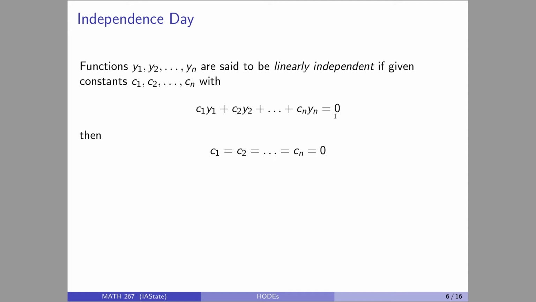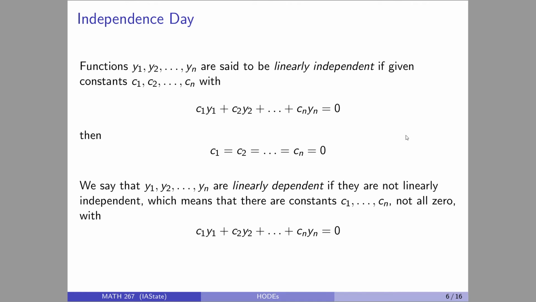So in other words, I couldn't choose scalars so that things scale up and add together and get me to 0. So in other words, my functions are not linearly dependent upon each other. So I can't scale and add them and get back the same stuff. Right, so linear independence here is precisely getting at what we want. We want to be able to scale and add and create something unique with that.